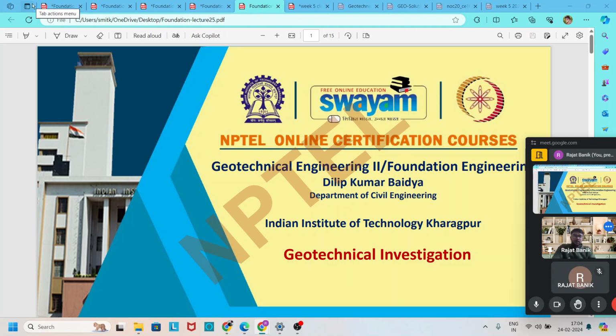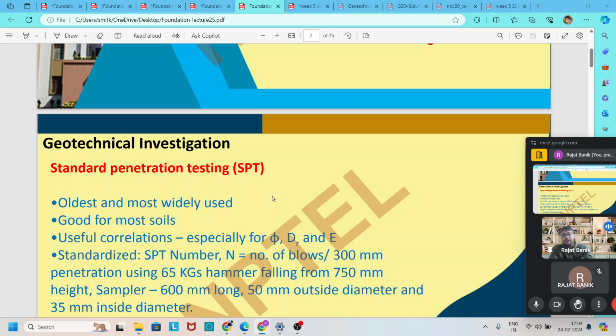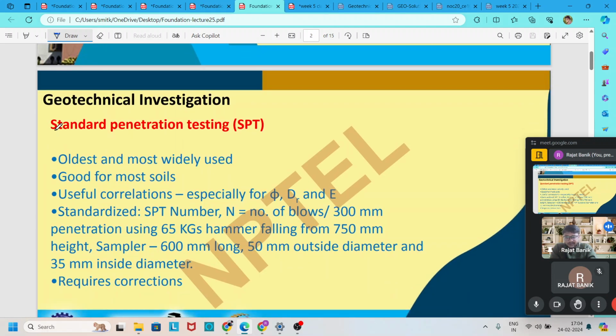So in lecture 25, the benefits and uses of the SPT test are given, and why we use the SPT test in our soil investigation.